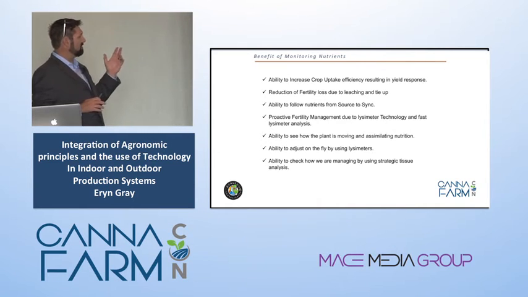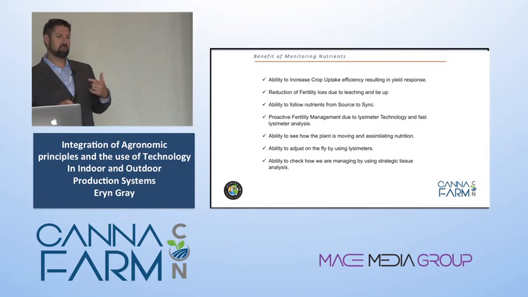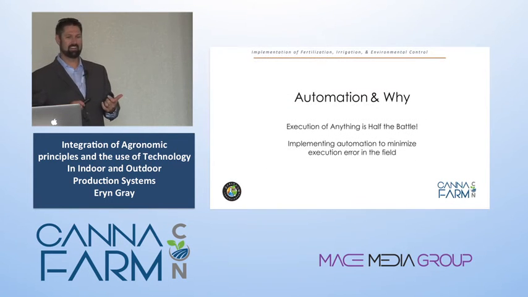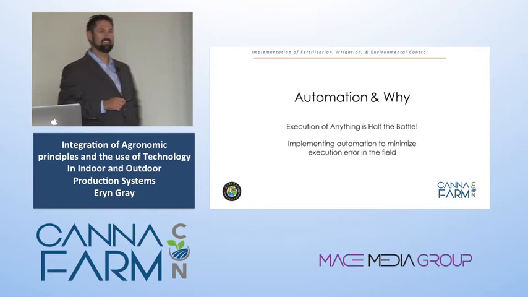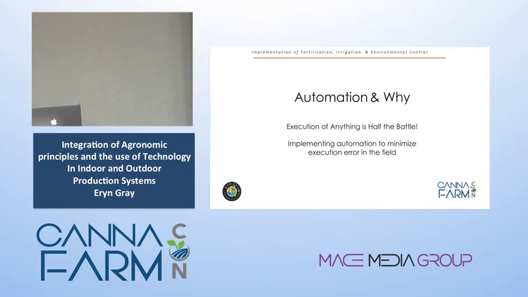Executing a recommendation is probably 90% of the battle. Some of the PCAs or agronomists out here understand that, because a grower has so many hats. Anyways, the automation side is something where you can eliminate the labor side of it.